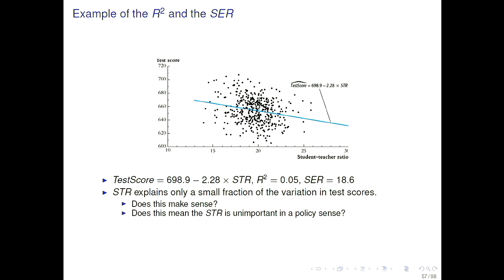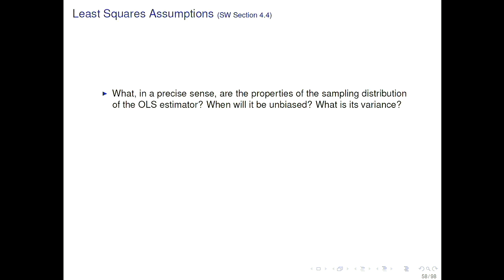And does this mean STR is not important in the policy sense? We don't know about this. Actually, it does not mean so, because in order to answer this question, we need a proper regression equation. This regression equation is too simplified again. We have to control for additional factors to answer this question. Okay? Right.